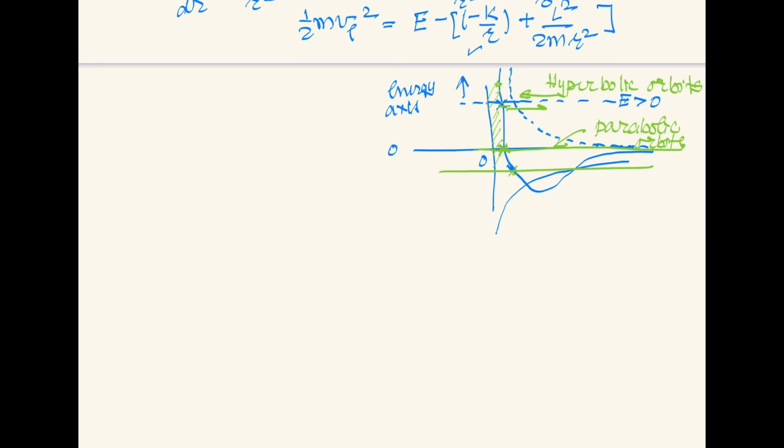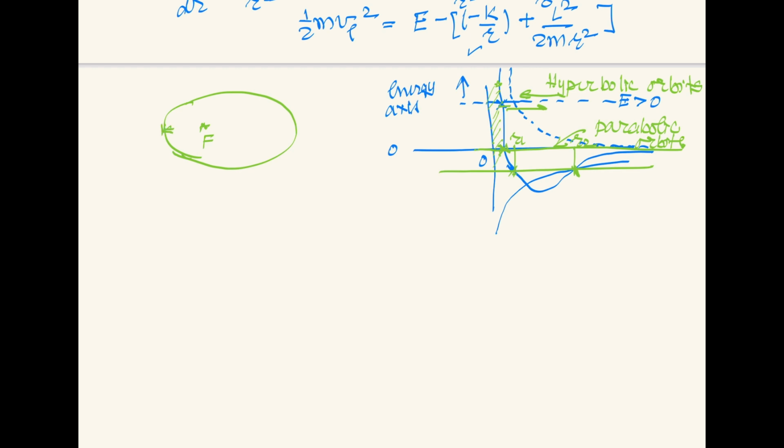Now what happens if I choose a negative energy for the system? Then there are going to be two turning points, corresponding to different values of radii, R1 and R2. Here it is a bounded orbit, and the origin is at the focus.